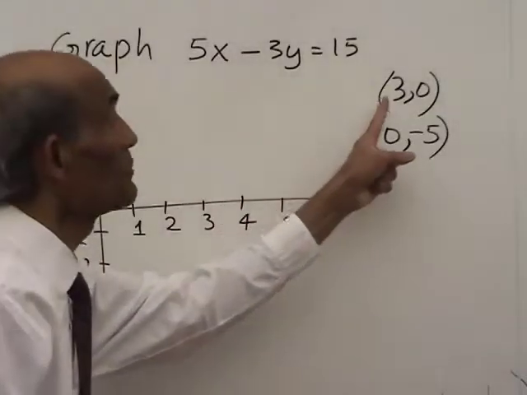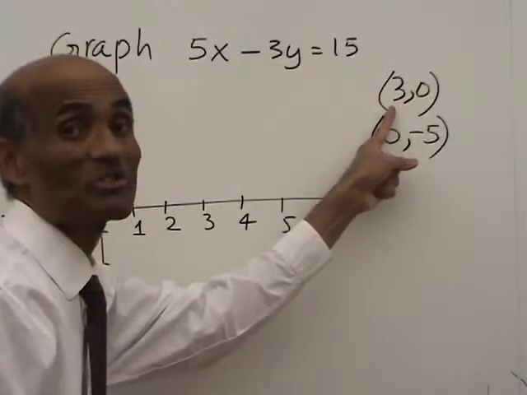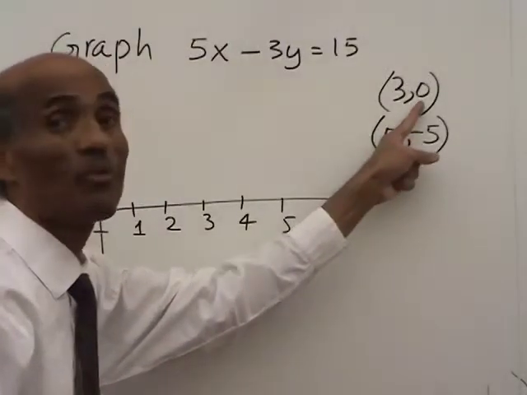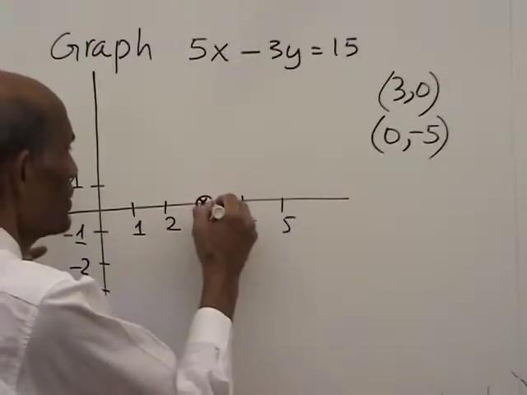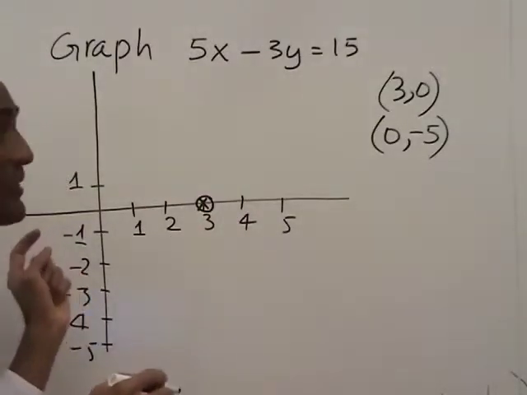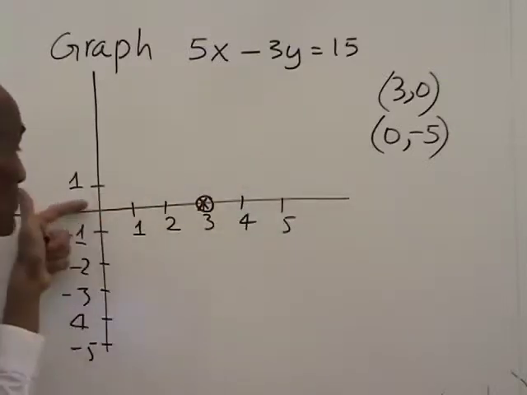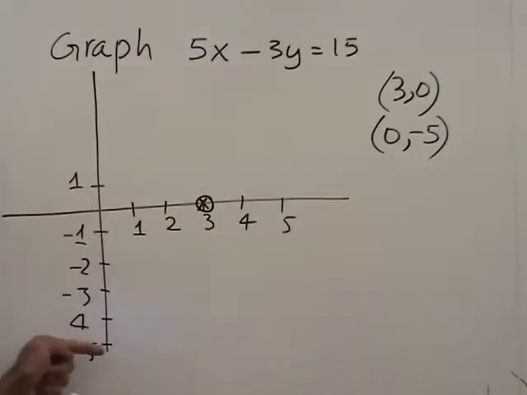Alright, mark the x-intercept. X-intercept is x equal to 3, y equal to 0, which is this point. This is the x-intercept. And the y-intercept is x equal to 0, y equal to negative 5.